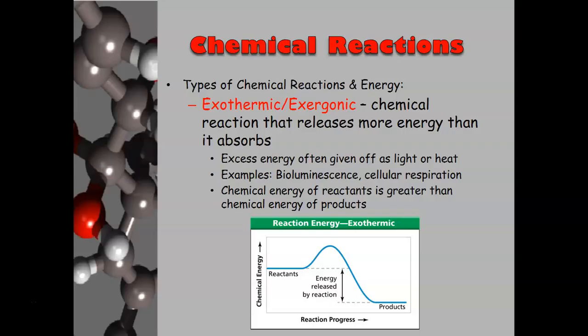If you've ever seen Finding Nemo, we're talking the anglerfish. He's got the little dangly thing right in front of his head, right? It glows in the dark. And it's not the fish itself who's actually doing the bioluminescence, but there's bacteria that live in that structure symbiotically. They go through their metabolism, they happen to make lots of excess energy, and it comes off as light.